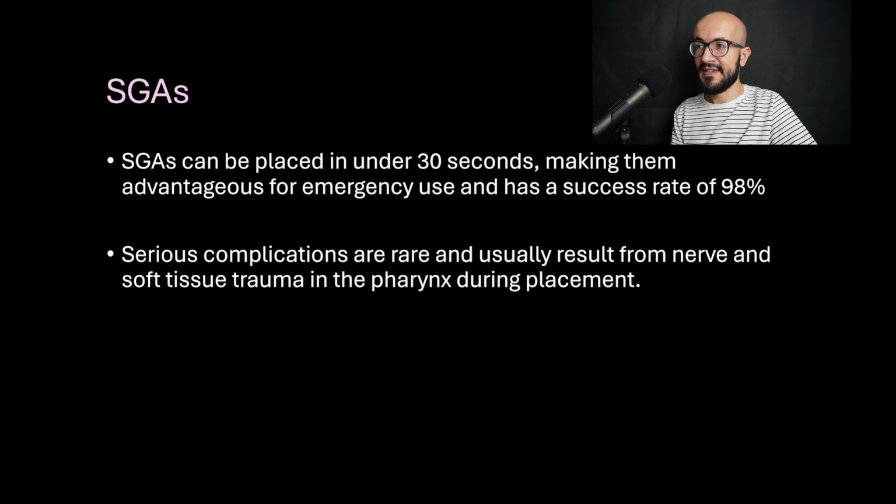Now the SGAs can be placed in under 30 seconds, making them advantageous for emergency use, and have a success rate of 98%. Serious complications are rare with the SGAs and usually result from nerve and soft tissue trauma in the pharynx during placement.